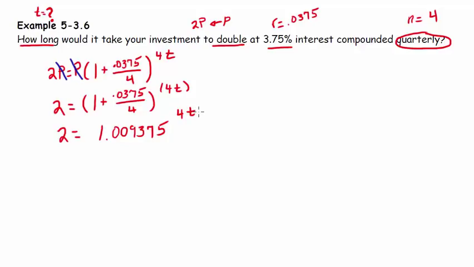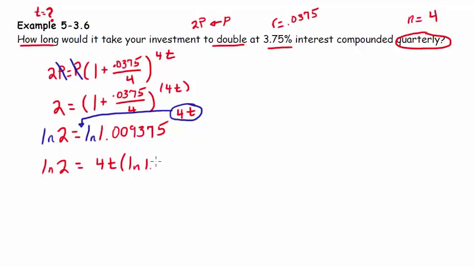All right, now we're going to use our property of logs. If I take the natural log of both sides, well, this allows me to take my exponent down here and bring it down as a constant multiplier. So we have now the natural log of 2 equals 4t times the natural log of 1.009375.